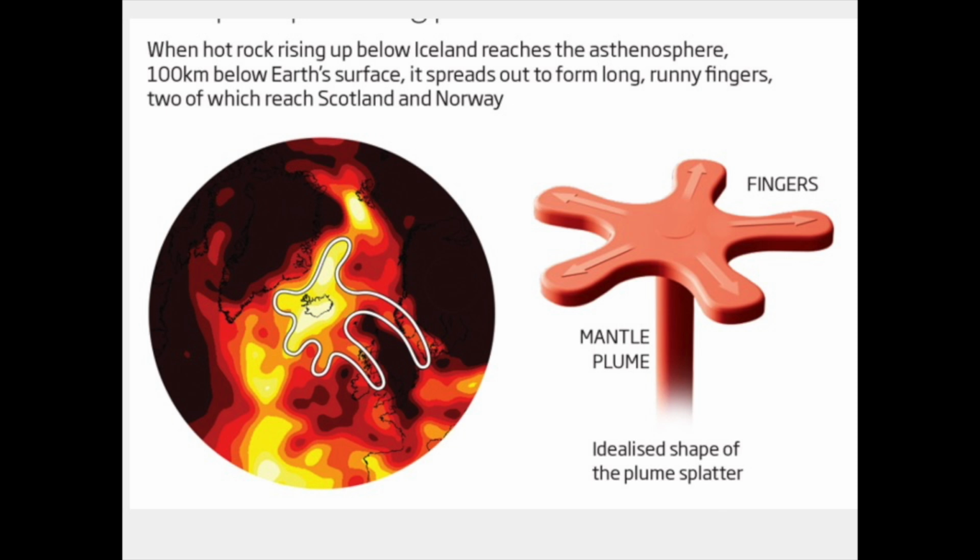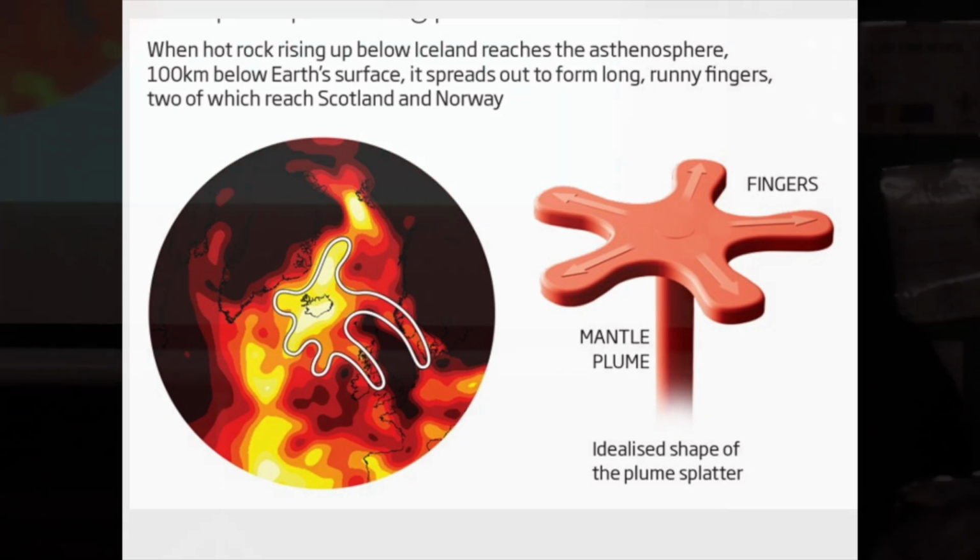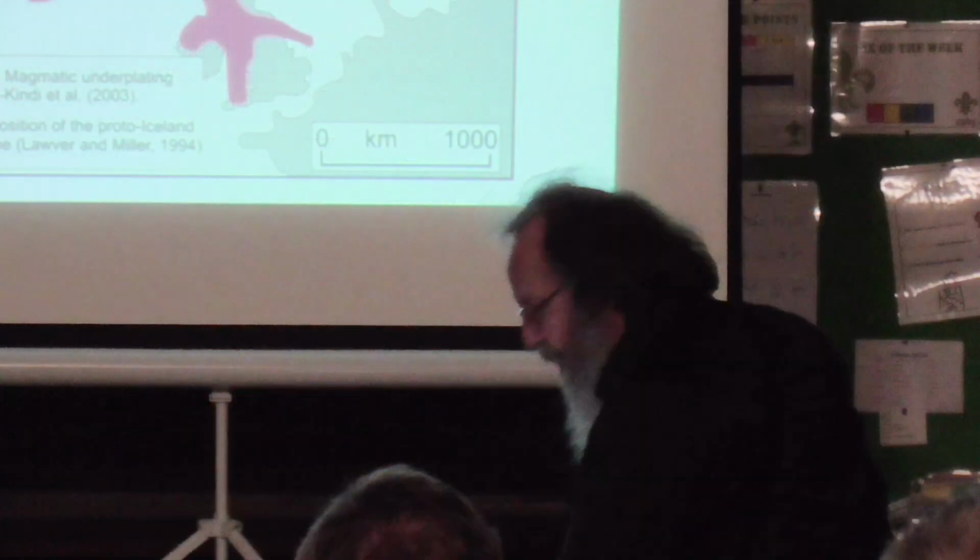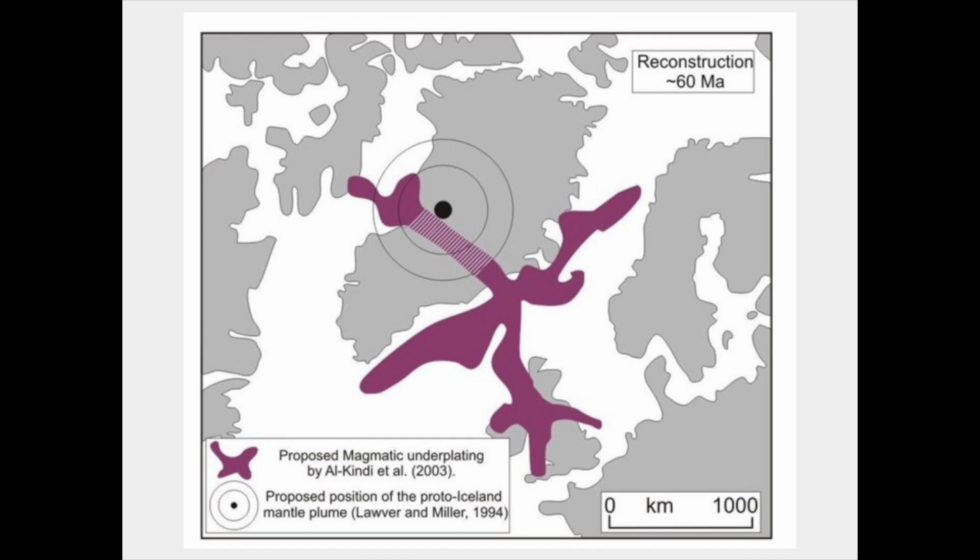These things come up and then they spread out from the point source of the original plume. And this is the Iceland plume, or one reconstruction of it, and you can see how wide-ranging these fingers of mantle material underplating this area of the northeast Atlantic are.